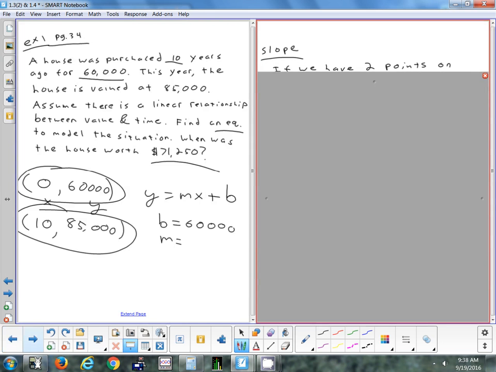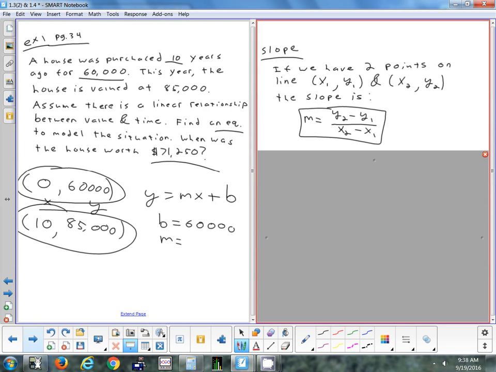So to find slope, we have a formula. Sometimes we call it rise over run, or if you have coordinates, the way you find it, it's the difference in the y's divided by the difference in the x's.